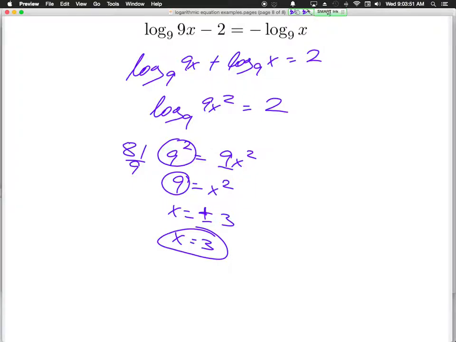Okay. And now there's one more exponential problem I want you guys to be able to do. Let's see if you guys can come up with it. I have e to the 2x minus 15 e to the x plus 56 equals 0.